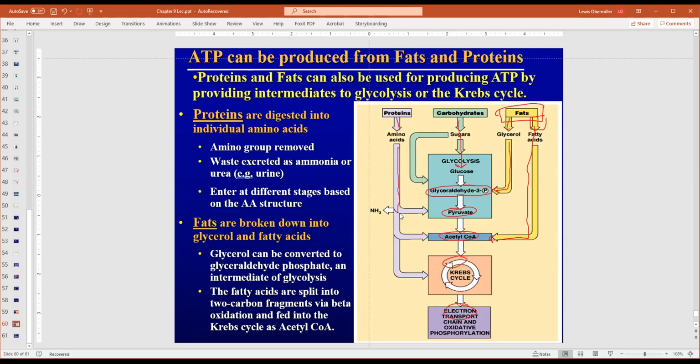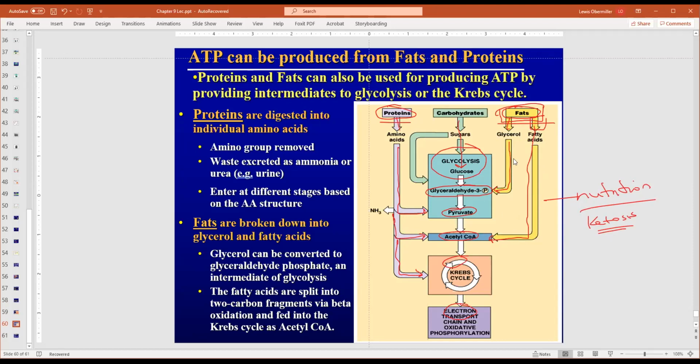Proteins get put into here in different pathways as well. And so it's skipping some of the steps in glycolysis by using proteins and fats. When this all comes down to nutrition, and this has a lot to do with ketosis and those keto diets and carb restricting diets or high fat diets or high protein diets or whatever.